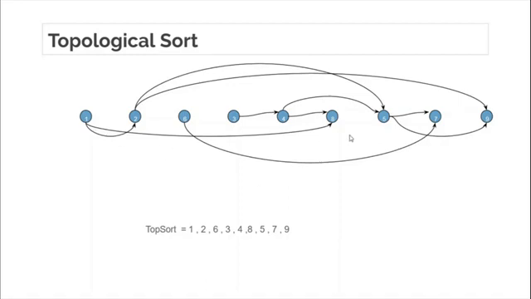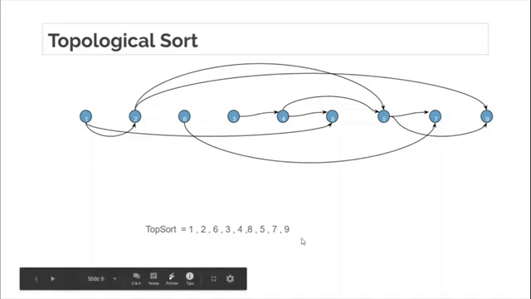If an edge appears from right to left, what it means is that, suppose there was an edge from 8 to 3, which means 8 is a dependency of 3. In that case, that would be an invalid topological sorting, because the dependency is appearing after the node itself. Since it's a valid sorting, we can confirm it by this graph.